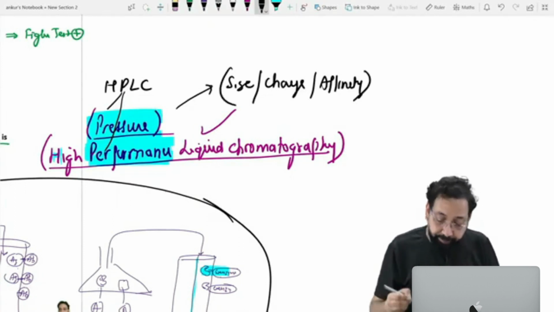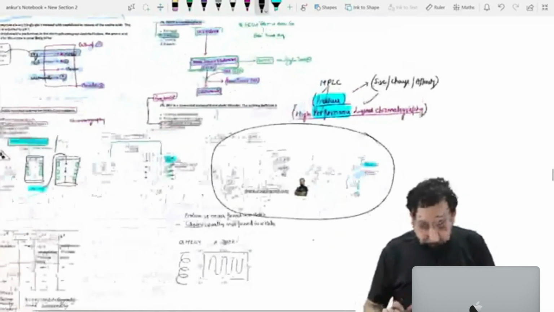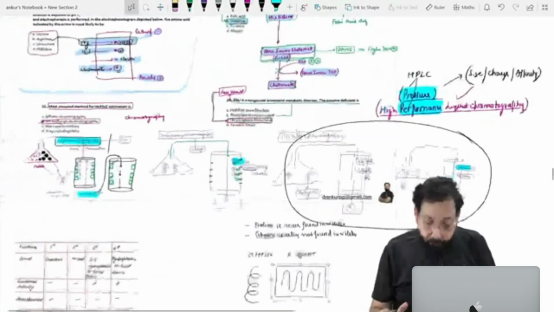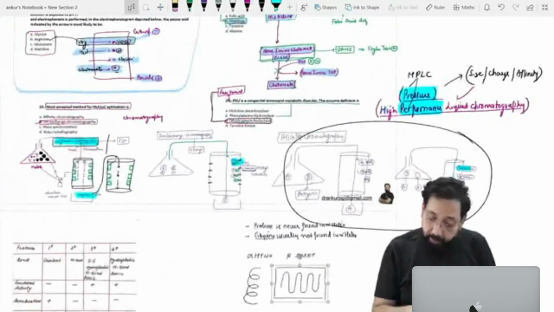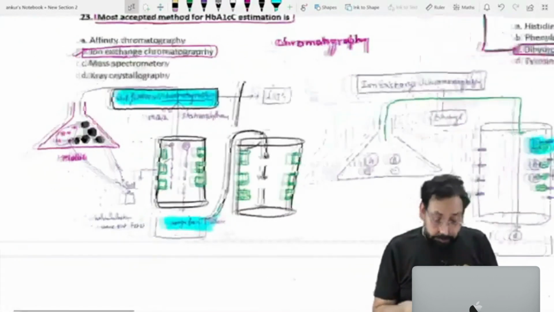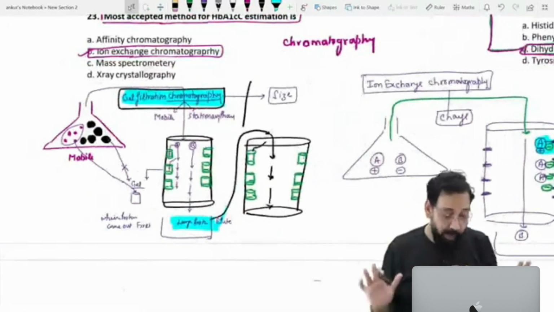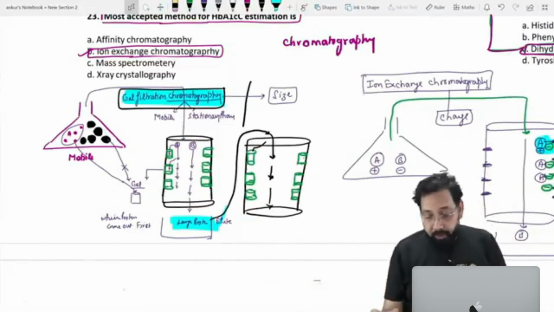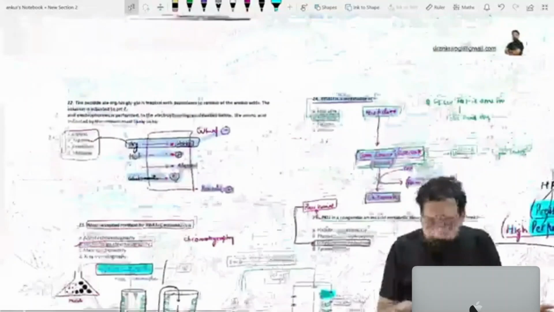So this is high performance liquid chromatography. I have given you an idea. This is gel filtration chromatography based on size. Dear friends, so we have completed this chromatography.